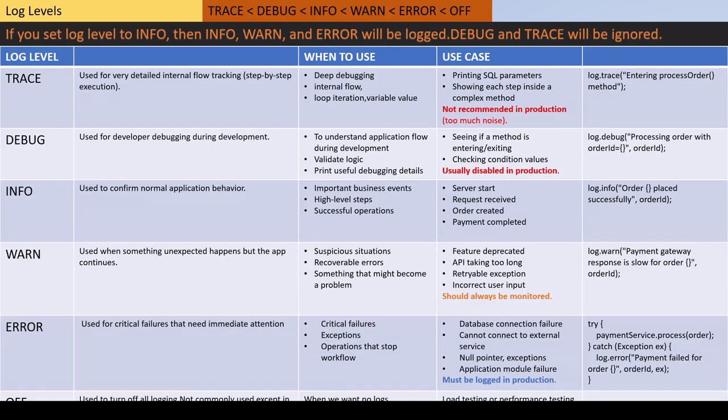This is used sometimes in performance testing or load testing, or if we don't want any logs to print, at that time we can go for log.off. Then we can see the performance, how much exact time the code is taking. Okay, so now let's go through an example and understand it.